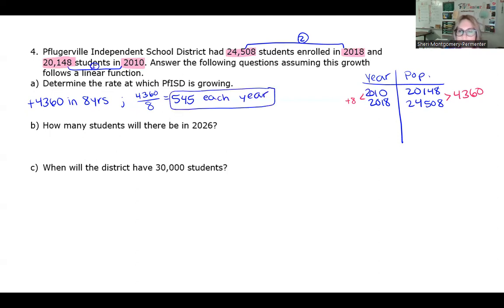Okay, so how many students will there be in 2026? To get to 2026, I'm starting at 2018. I can probably start adding by 8 years. I don't need to add each year. So I can add 8 years.